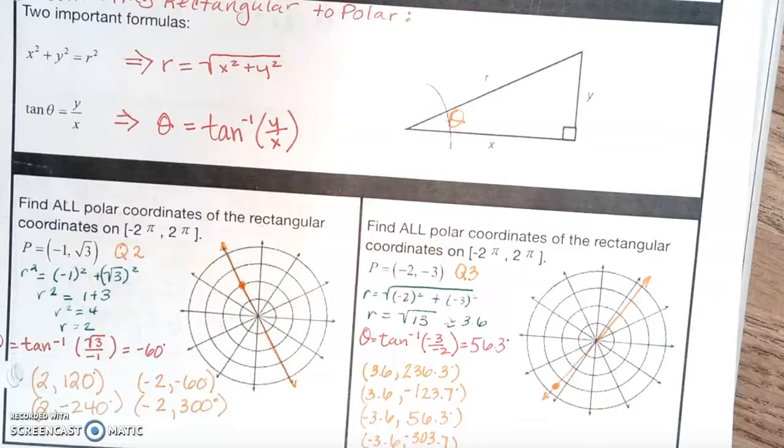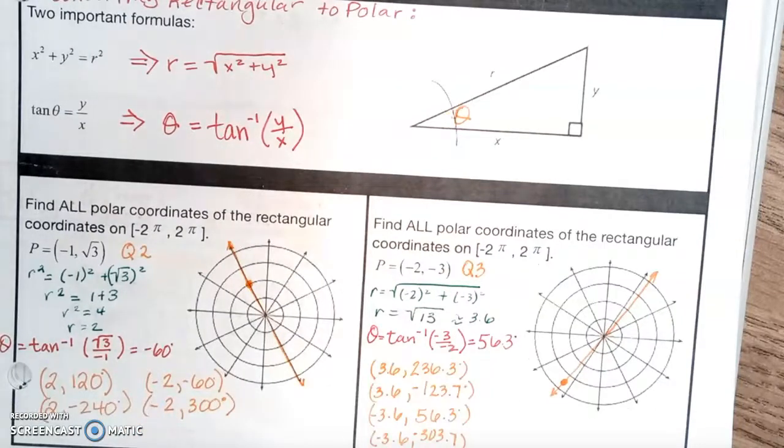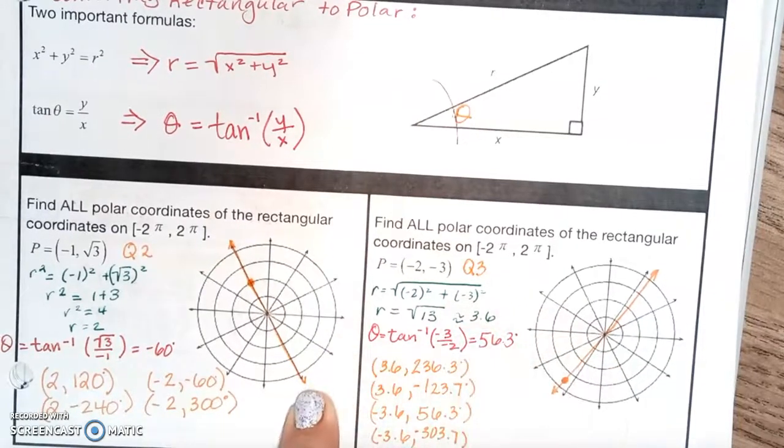need the angle. Okay, so we're going to take the inverse tangent of the rad 3, which is our y value, divided by our x value, which is negative 1. And I got negative 60 degrees. So negative 60 degrees is actually right here.